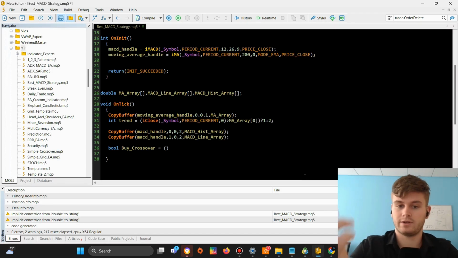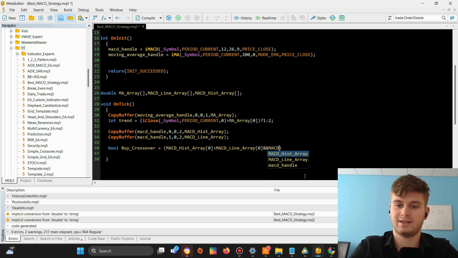So those are the rules that we will work with. So MACD histogram array position 0 is larger than MACD line array position 0, and MACD histogram at position 1 is lower.